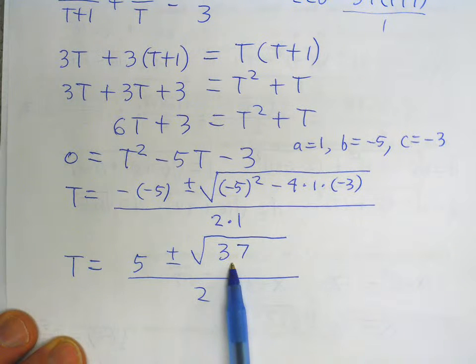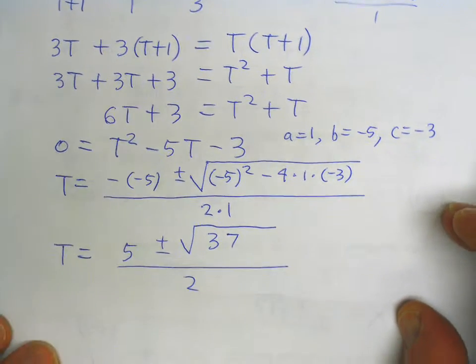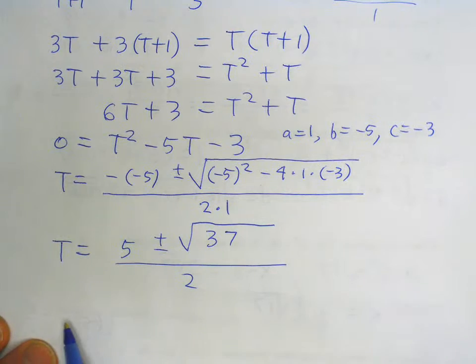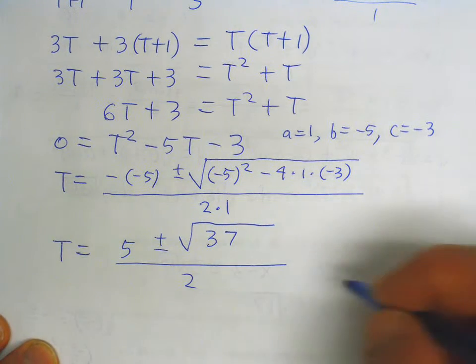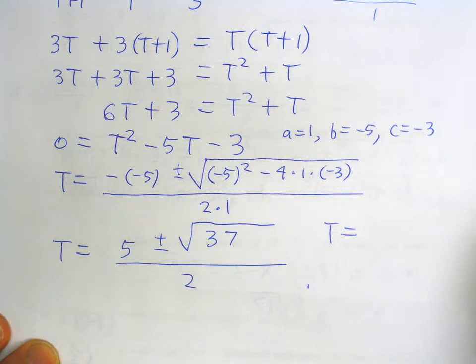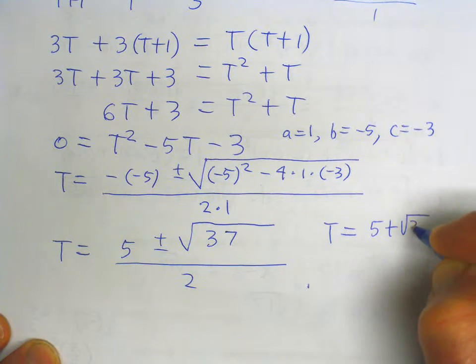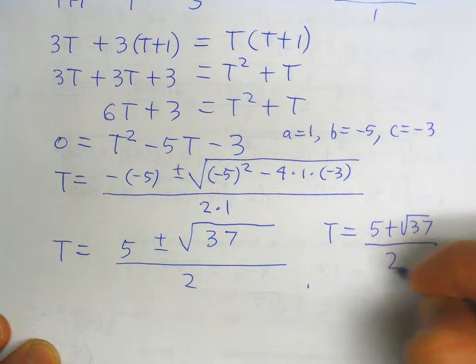The square root of 37 is a number bigger than 5, so the solution we get by subtracting is negative. And we don't want that solution because t represents the amount of time it takes Cindy by herself. So our solution is, Cindy's time is 5 plus the square root of 37 divided by 2.